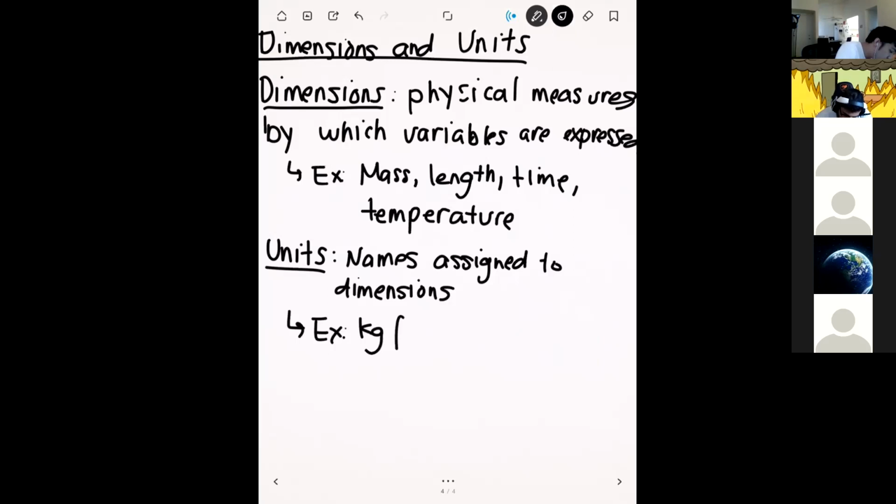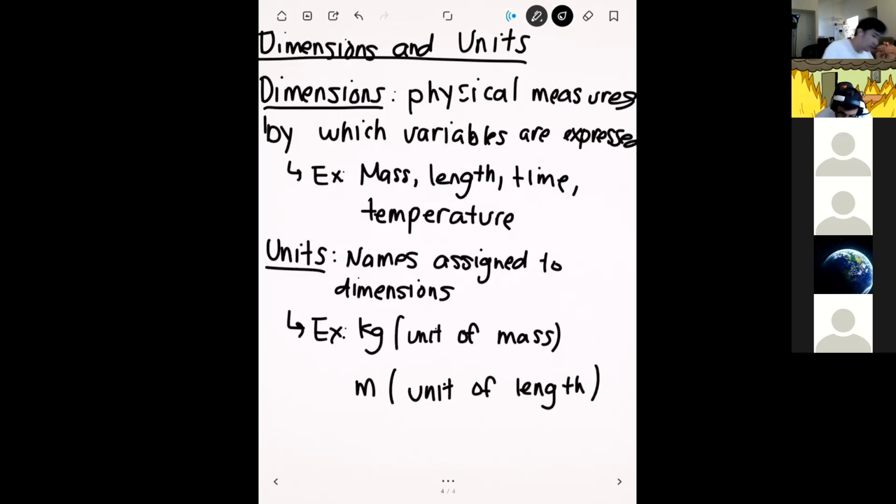So this is a unit of mass. We have the meter, which is a unit of length. So units are just the names that we give.